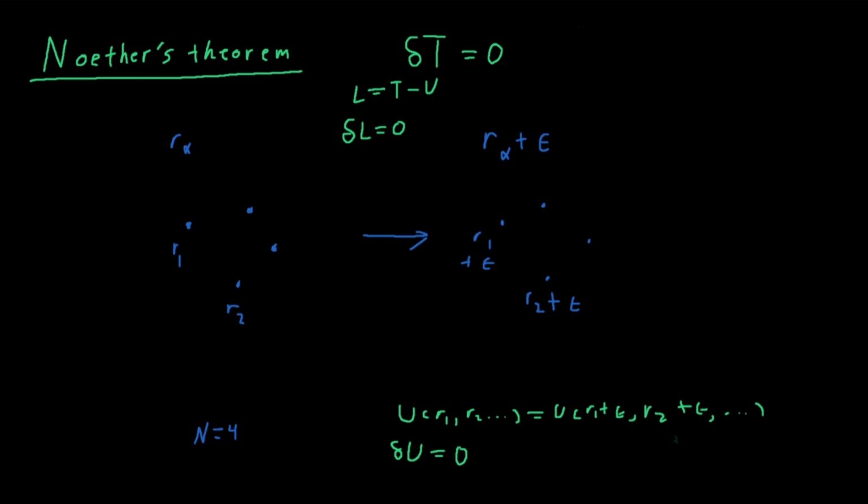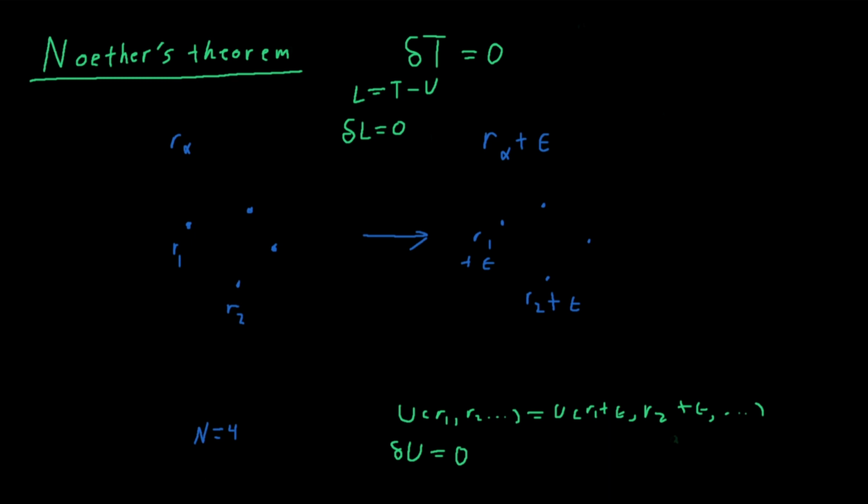So this is an example of a mathematical symmetry, which is a type of invariance. It's a property that a mathematical object remains unchanged under a set of operations or transformations. So here what we're saying is, under a set of spatial translations, an isolated system will have its Lagrangian invariant.